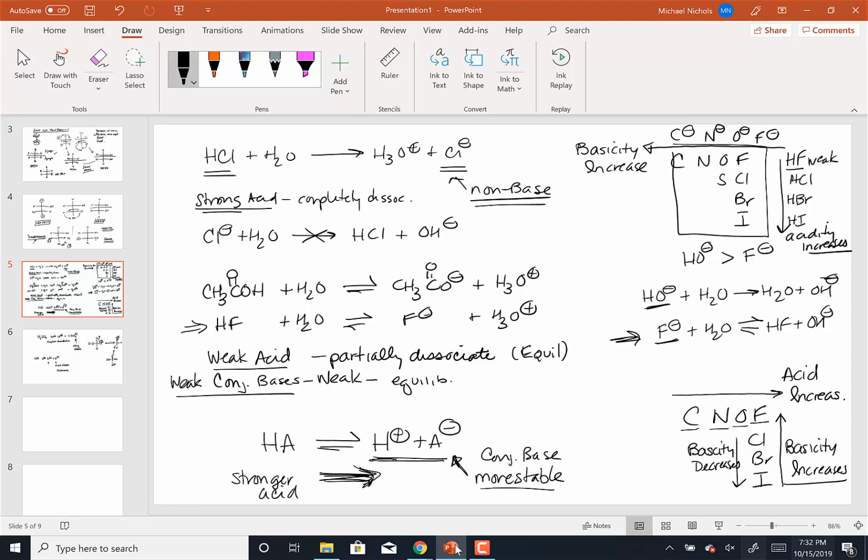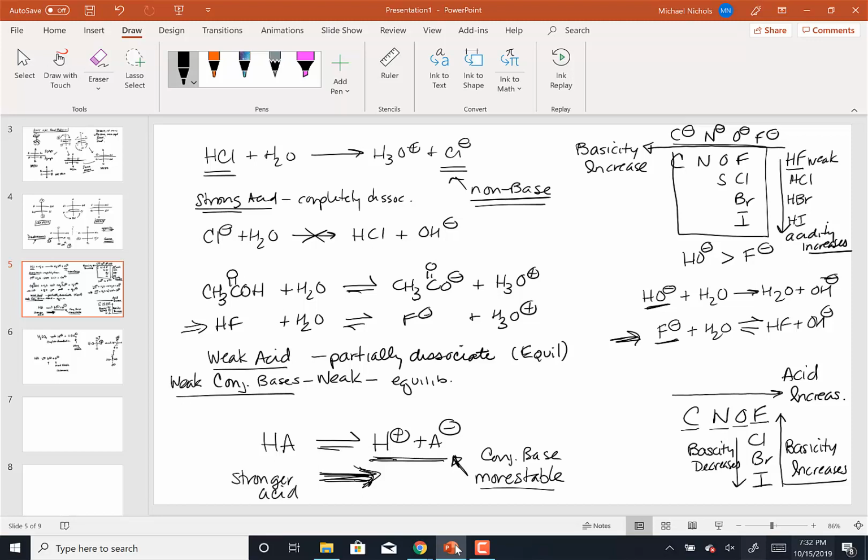And some of this is just observational, that's what we find. Others have a theoretical relationship, but I'm just going to get into this is what we find. Okay, so to review, going across the periodic table in a horizontal direction increases acidity, and if you want to increase basicity, you go in the opposite direction.